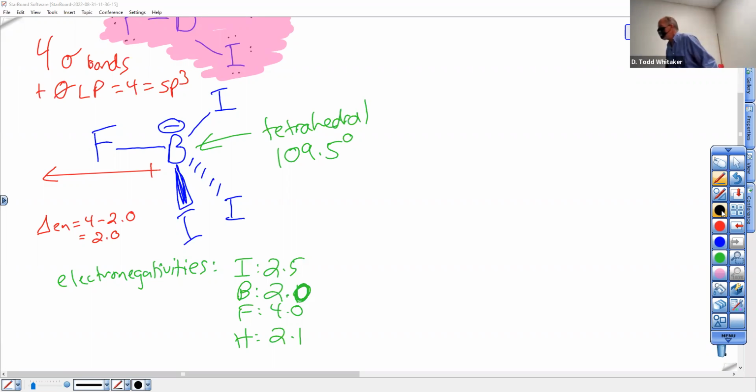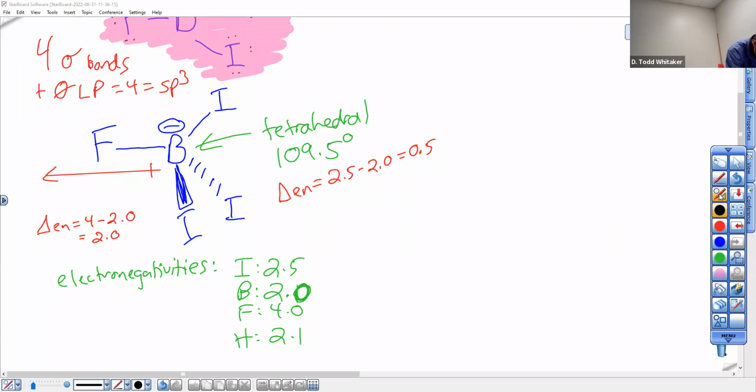Why? Because the difference in electronegativity is a quarter. Delta EN for all of these bonds is 2.5 minus 2.0. That's a quarter of 2.